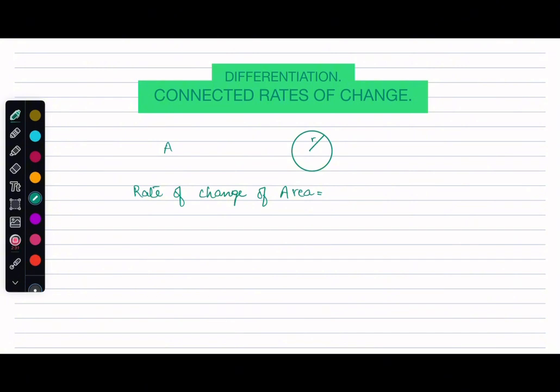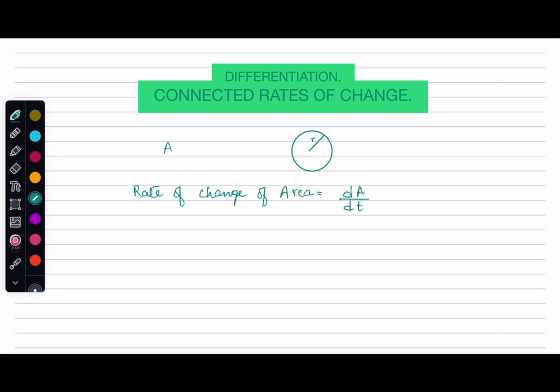So rate of change of area means I'm talking about dA over dt, which means the area is changing with respect to time. Rate, again repeating, means any change which occurs with respect to time.